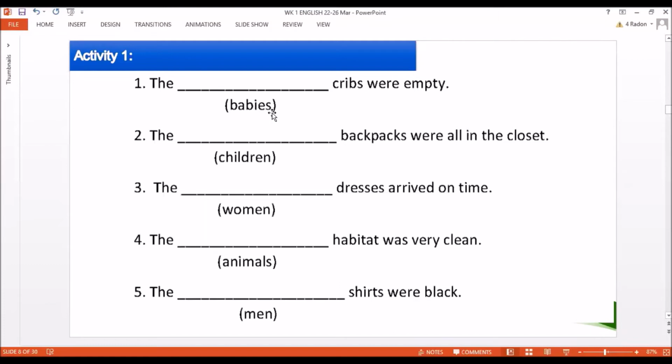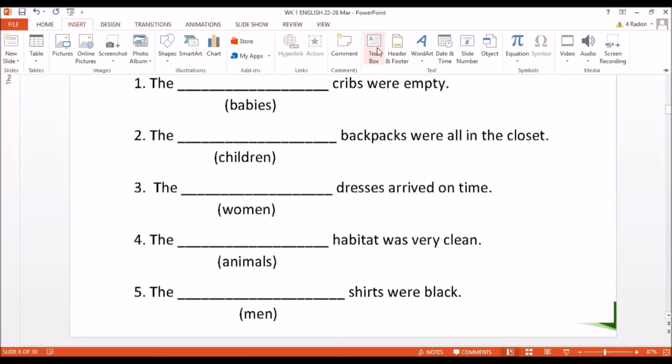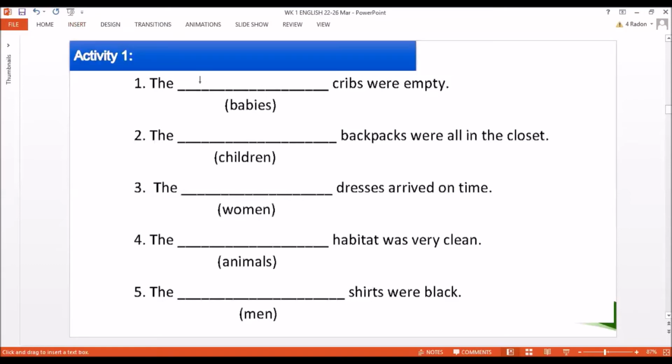Do we just add apostrophe or we add apostrophe S? So the correct answer is we just add apostrophe because the word already ends in S. So our answer is babies apostrophe.